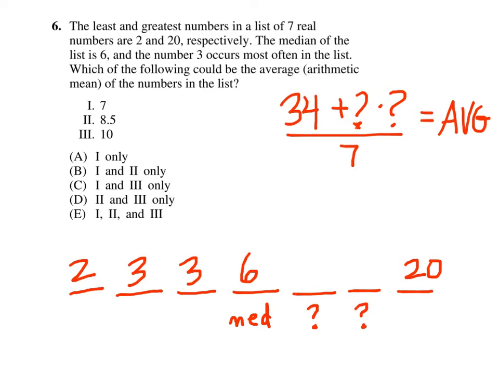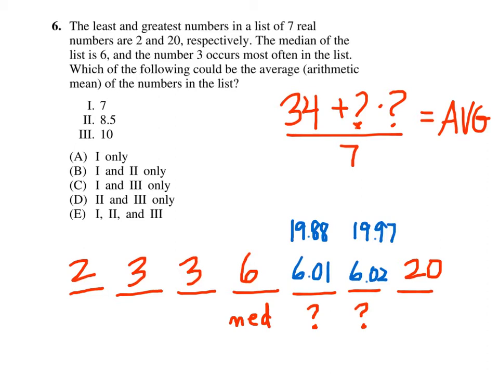Well, the mystery numbers can be anything between 6.01 and 6.02, let's say, and 19.88 and 19.97.